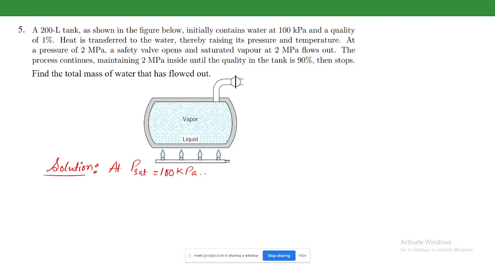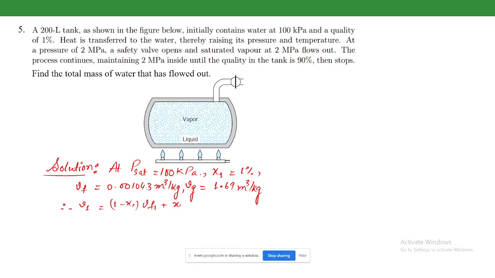So at x1 equal to 1%, if we find the specific volume of the liquid state, it is 0.001043, and the specific volume of the gas state is 1.69. Therefore v1 is equal to (1 minus x1) Vf1 plus x1 into Vg1.